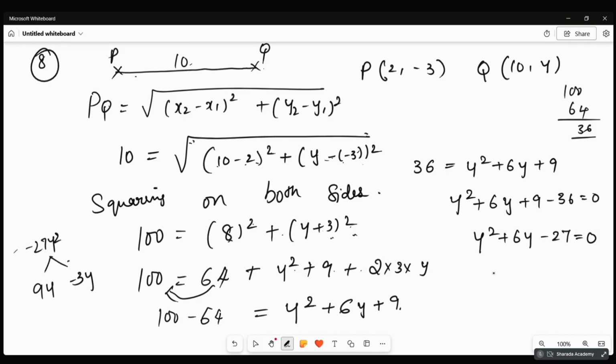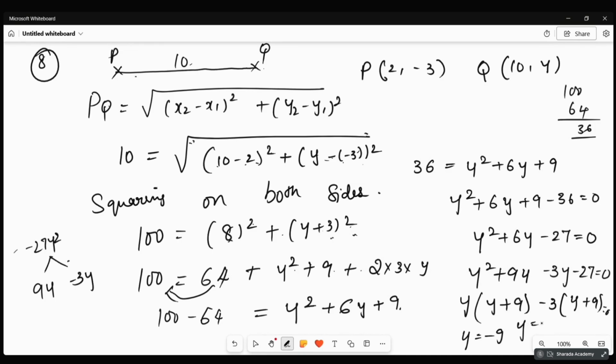So y square plus 9y minus 3y minus 27. If you take y common, y plus 9 minus 3 into y plus 9. So y is equal to minus 9 or y is equal to 3.